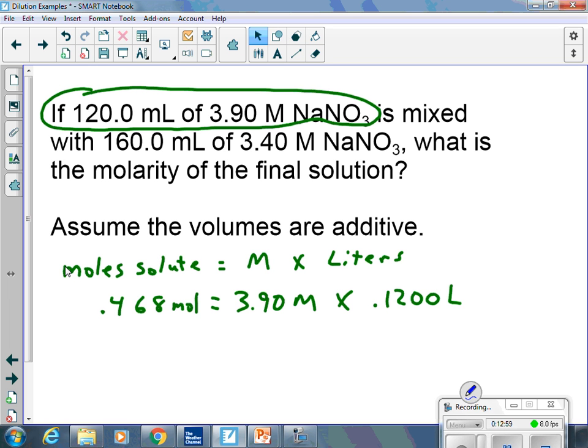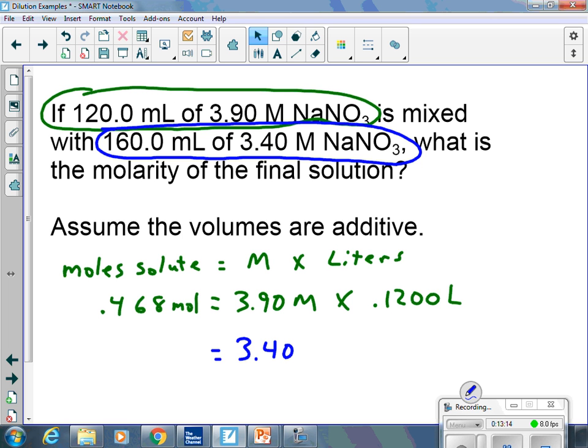Now in blue, I'm going to find the moles of my second solution. So I know that 3.40 molar, and I have 160 milliliters, so that's 0.1600 liters.